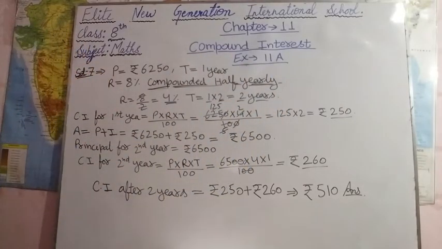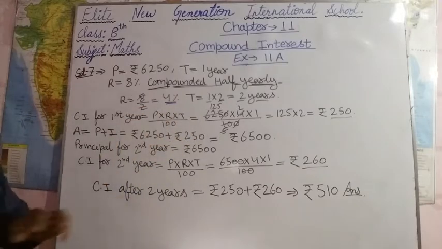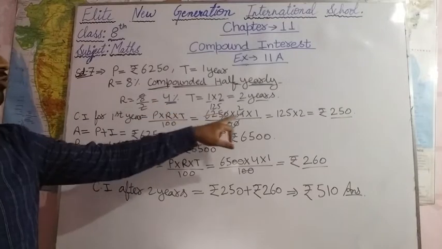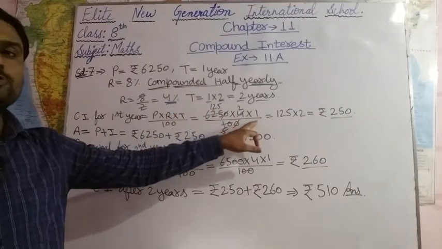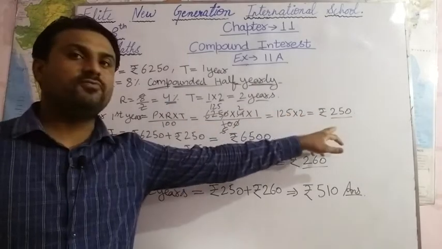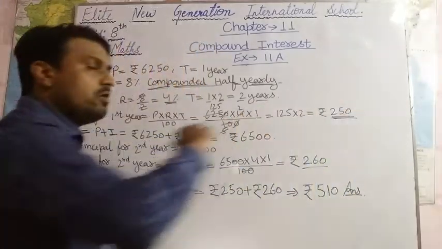Now here we will find compound interest for first year. So CI of first year, it will be P into R into T upon 100. So principal is 6,250 and rate it will be 4, into time will be taken as 1 and upon 100. So by solving it will be 250. So rupees 250, this will be the CI of first year.